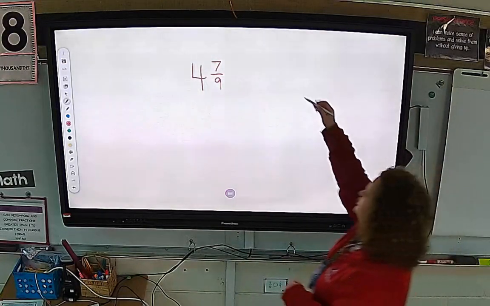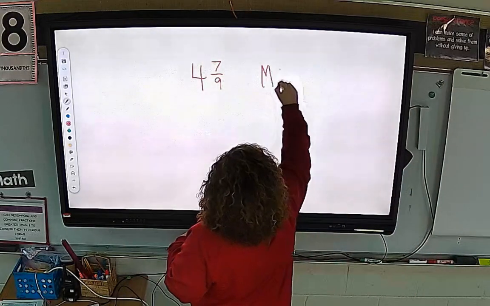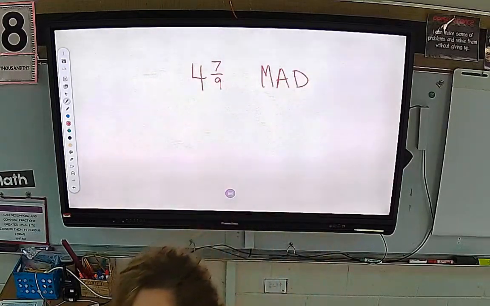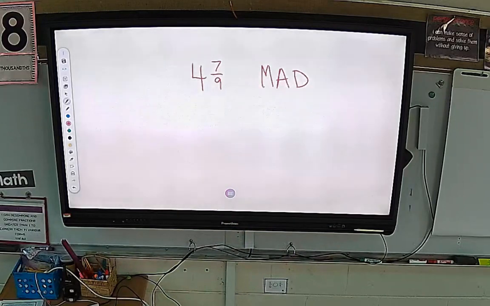And if this helps you, write this on your board beside it. I'm going to include that D today just to show us if it can help you. Multiply, you're going to add, and put it over the denominator. Got it? Okay.